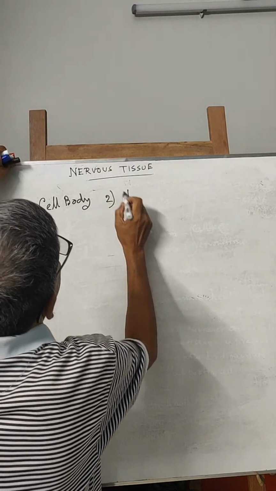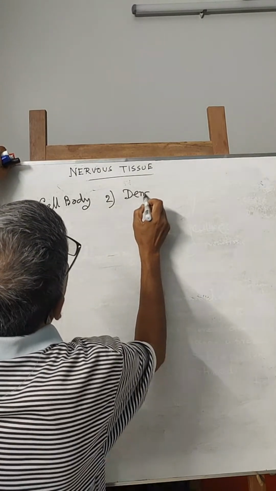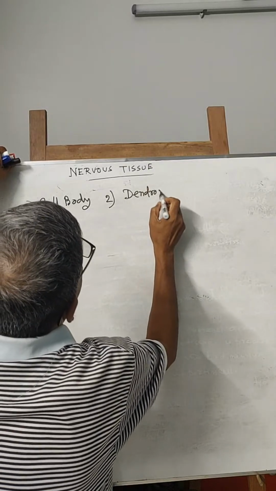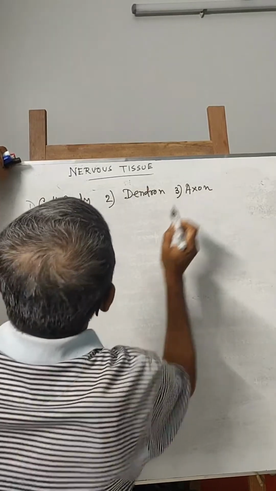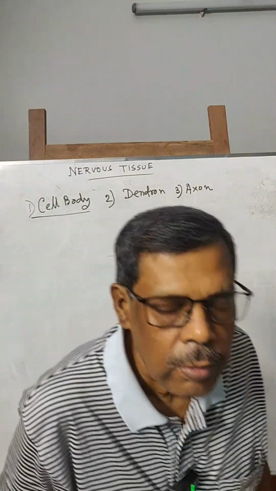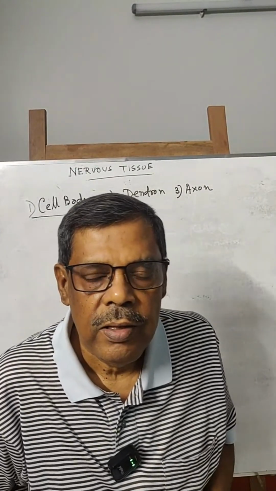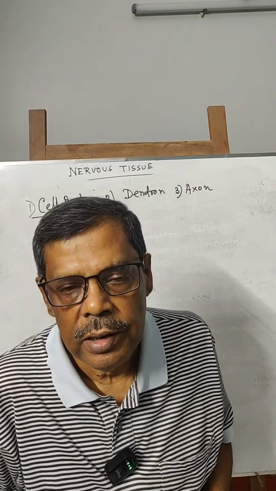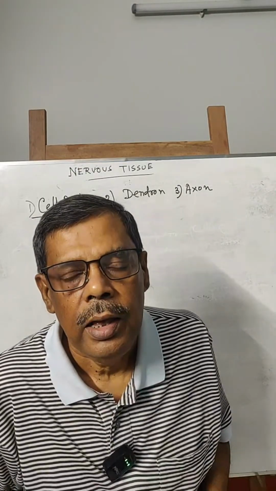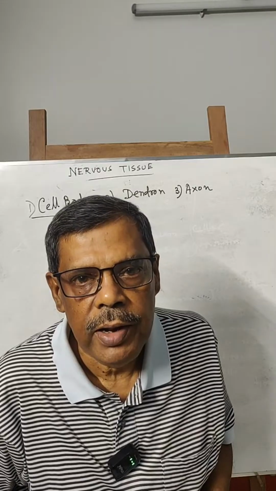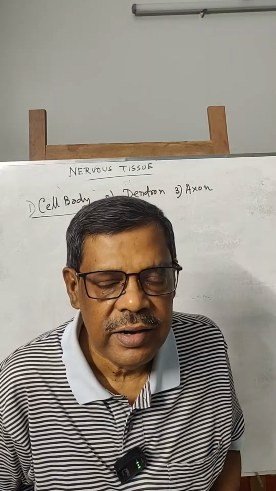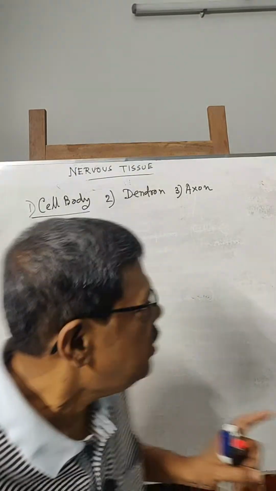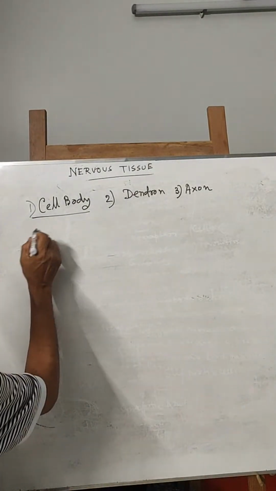Two, dendron. Three, axon. The cell body is the main part which has the nucleus, Nissl bodies, mitochondria, Golgi bodies, neurofibrils, next microtubules, RER, etc. This is the main body.